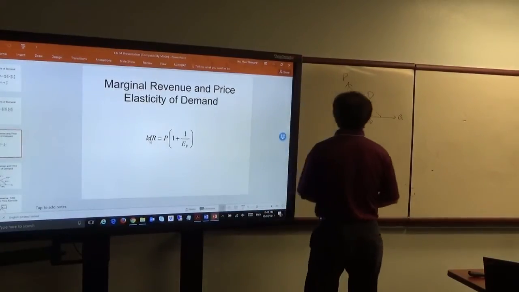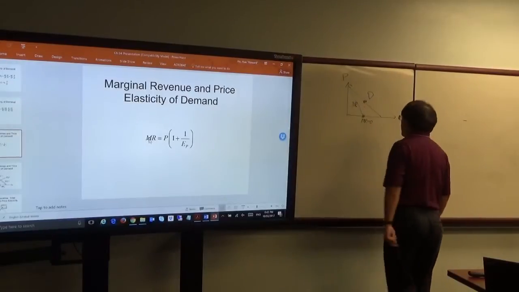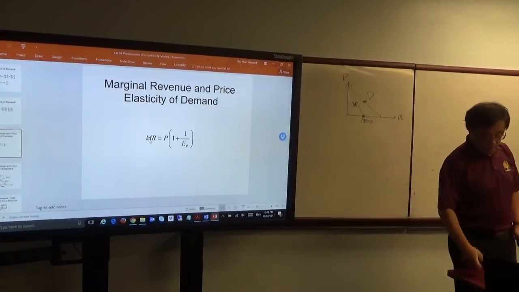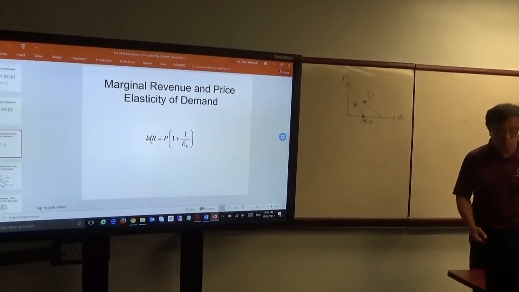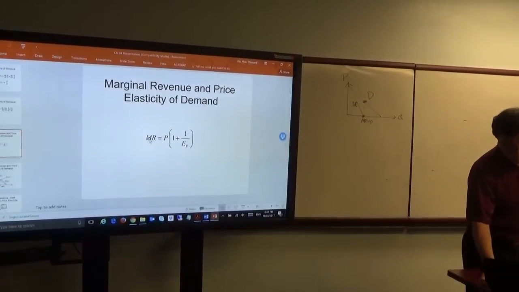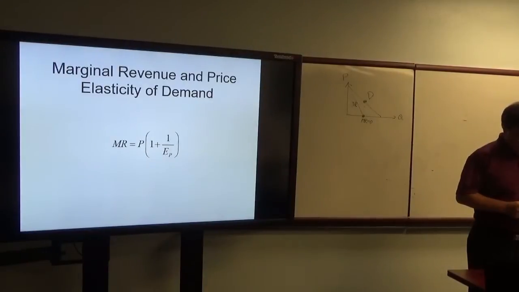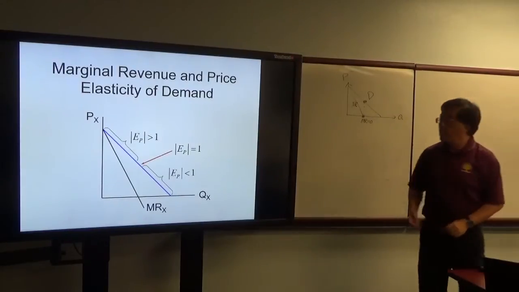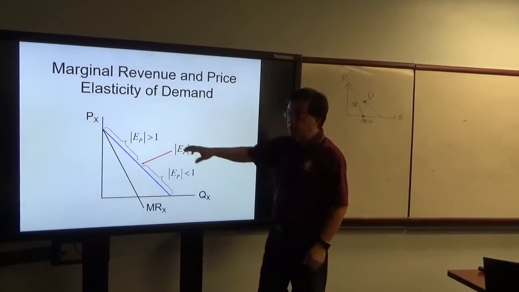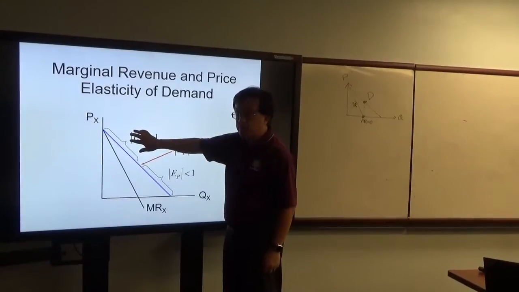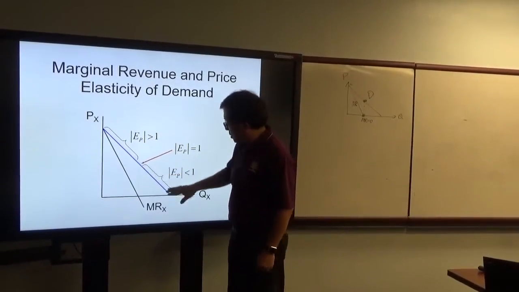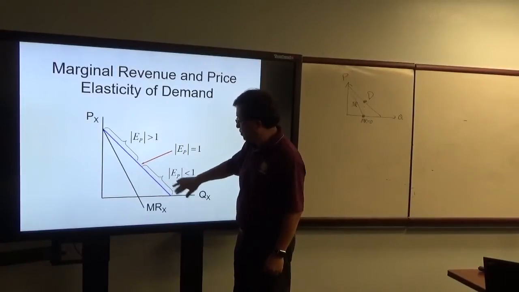If we move around the same demand curve, you will find this part of the demand is elastic, the middle point is unit elastic, and the bottom part is inelastic.